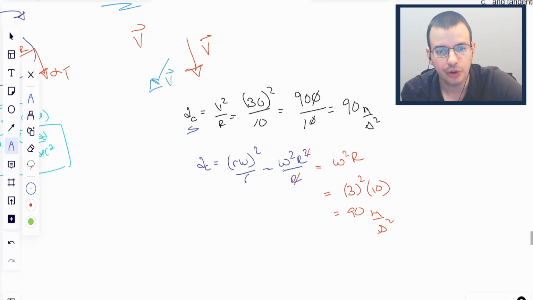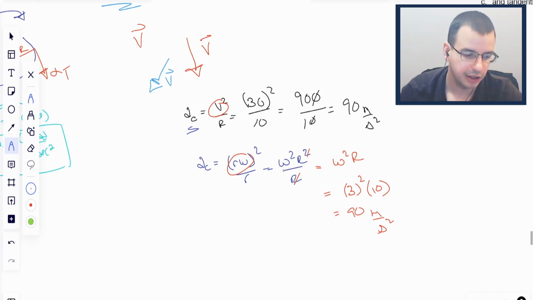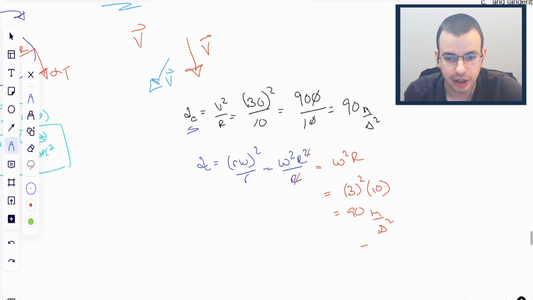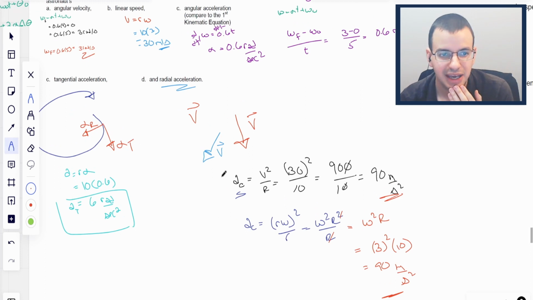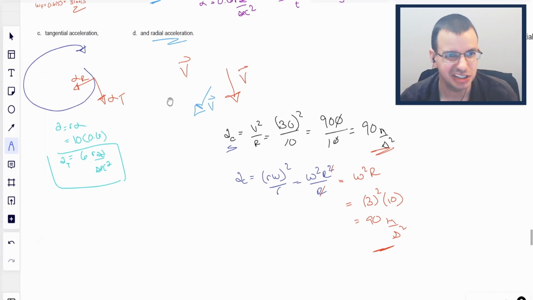I did it that way to show that whether you have linear velocity or angular velocity, you can use either one. Sometimes it'll be more convenient to use one, sometimes the other. They're the same formula, they're both true. So the answer would be 90 meters per second squared, which is a lot. It's like, I don't know, 9 Gs? Yeah, probably 9 Gs, that's a lot.